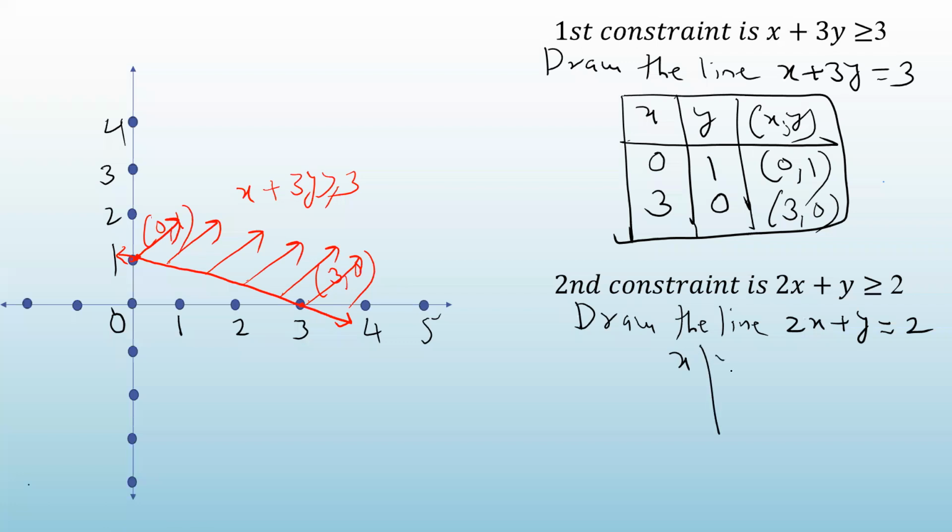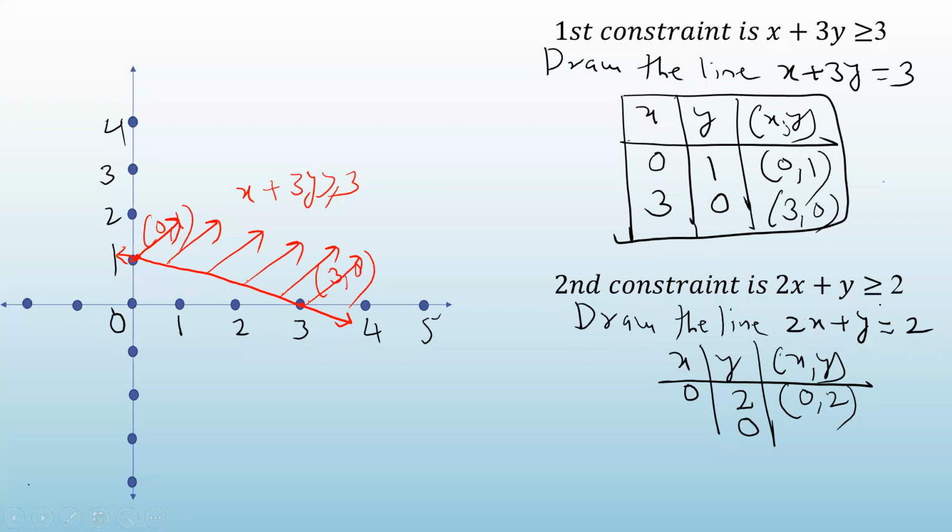So give some values to x and find the corresponding value of the other variable y. When I put x equal to 0 in this equation, this will become 0. The value of y will be 2. So it is 0 and 2. Now next time when you put y equal to 0, what is the value of x?